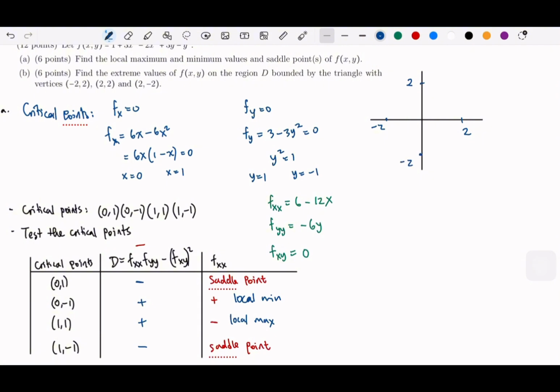So we have 2, 2, this one. We have -2, 2, this one. And the last one is here. Okay, so we have this triangle.